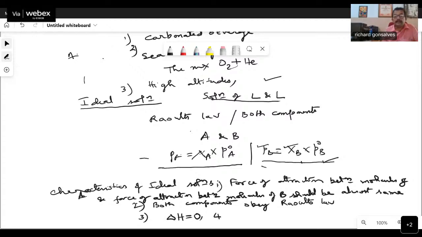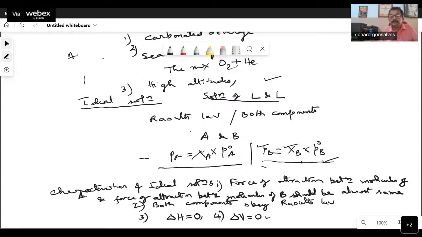Fourth condition is there is no change in volume. What does it mean? If you mix 50 ml of A with 50 ml of B, total volume becomes 100 only, nor 99, nor 100.2. Exactly when you mix the two, their volumes will be equal, there is no change in enthalpy, volume also does not change.